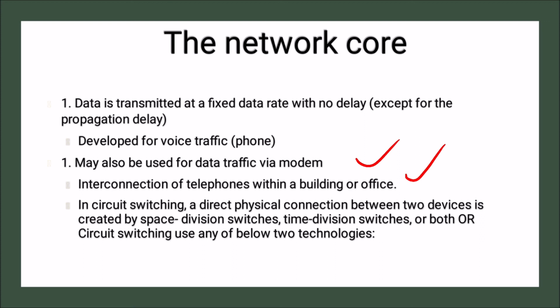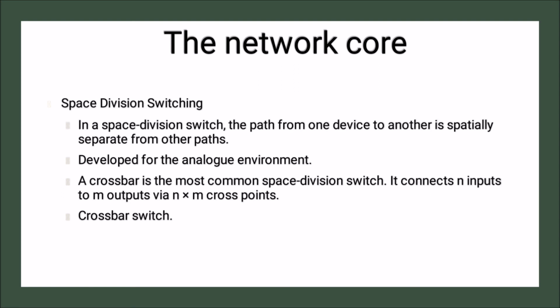In circuit switching, a direct physical connection between two devices is created by space division switches, time division switches, or both. Let us discuss these two technologies one by one. First is space division switching.